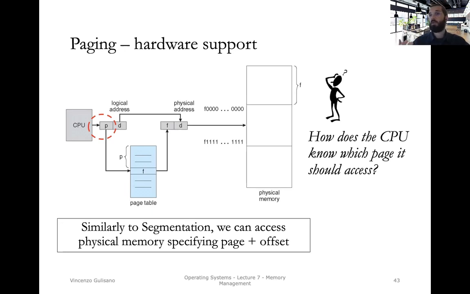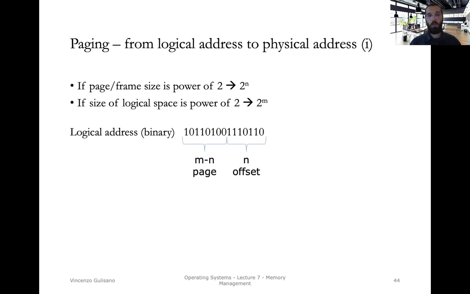Okay, so how does the CPU know which page it should access? We said before the process thinks that it has a range of addresses that go from 0 to a certain limit. So when it says I want to access address 100, how do we compute in which page and what is the offset of address 100 if we are using pages? Well, this is how you do it. I'm going a bit rapidly here, but then check the slides and try it out yourself.